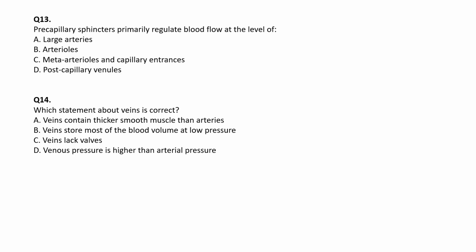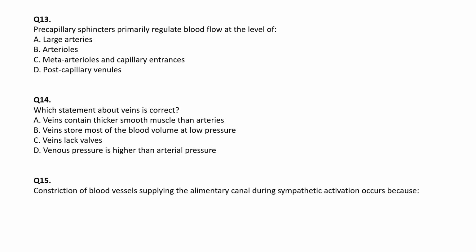Because of this higher diameter, they are actually storing more of the blood, but at a lower pressure. Okay, so most of the veins do so at a lower pressure.